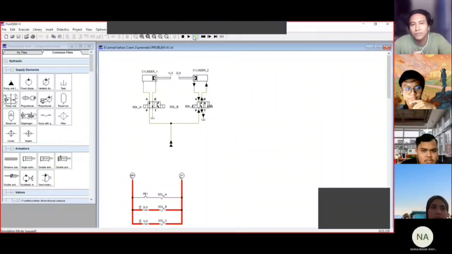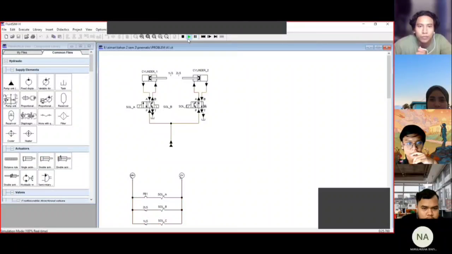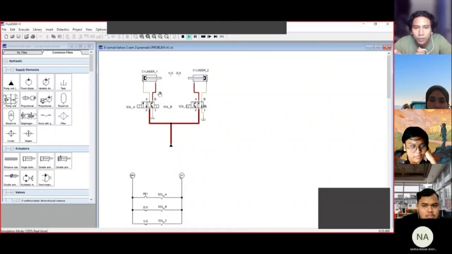Next question. I want to ask why cylinder 1 and 2 retract? Okay, I will run first to show. It is because limit switch 2 is activated. So it energizes solenoid B to shift the double solenoid valve to retract cylinder 1.